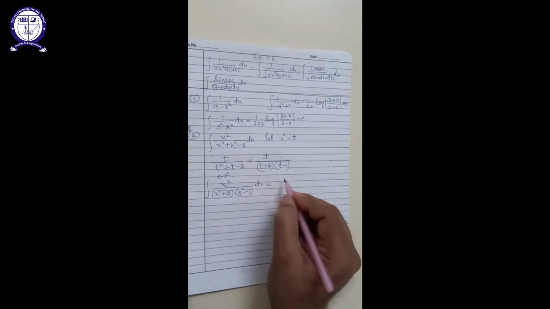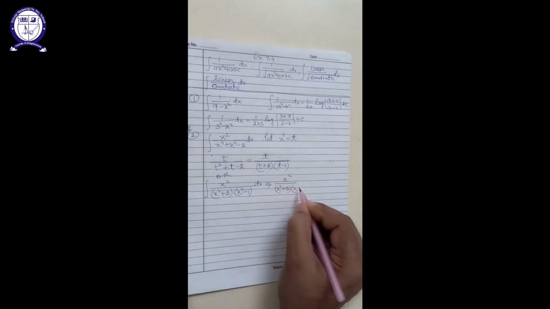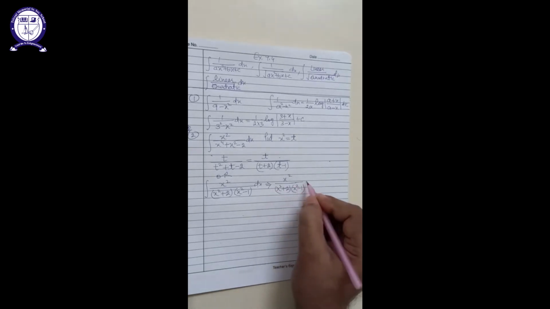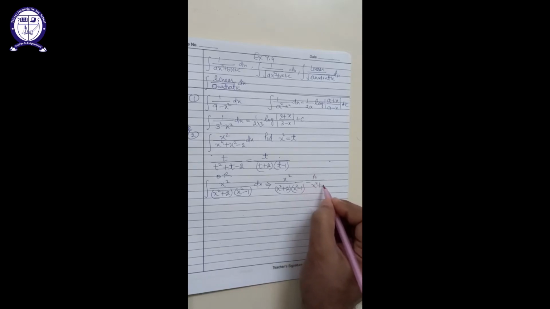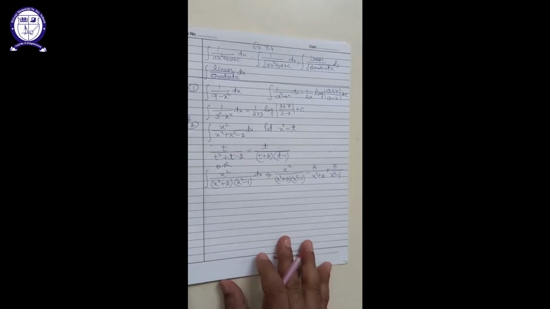With partial fractions you can write a upon x square plus 2 and b upon x square minus 1. Correct?